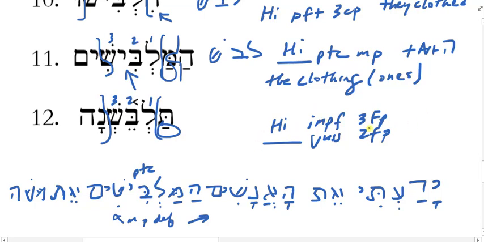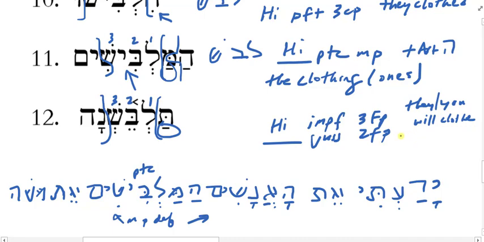Good. So, is there a distinction between the imperfect and the jussive on this form? No. When you add the consonantal ending, it's a seghol anyway. So it could be either one. So going with the imperfect, it would be they or you, plural, will clothe someone.